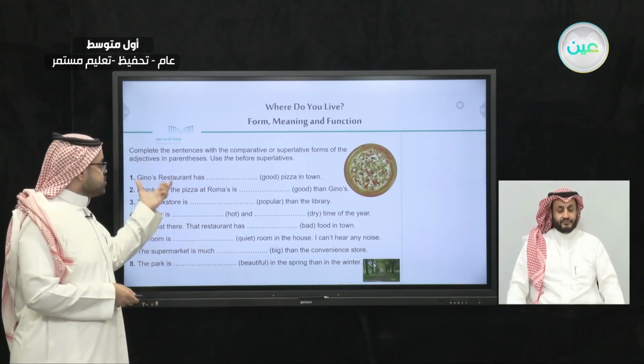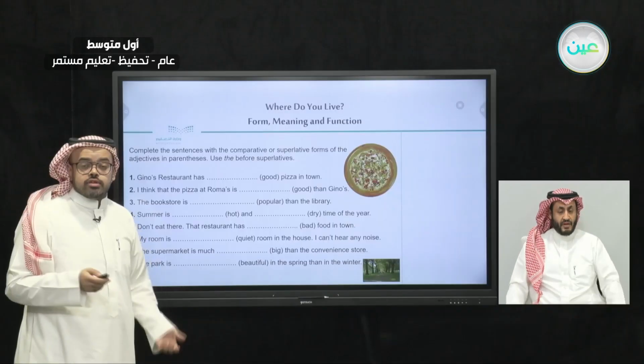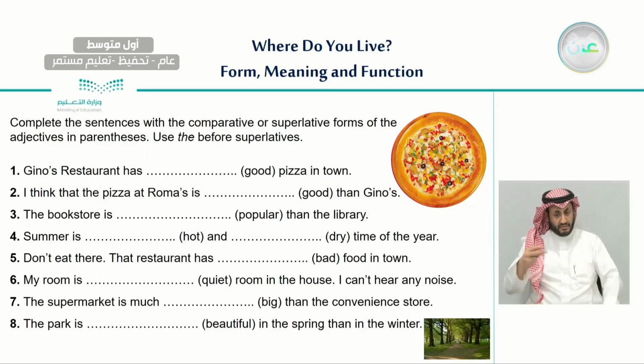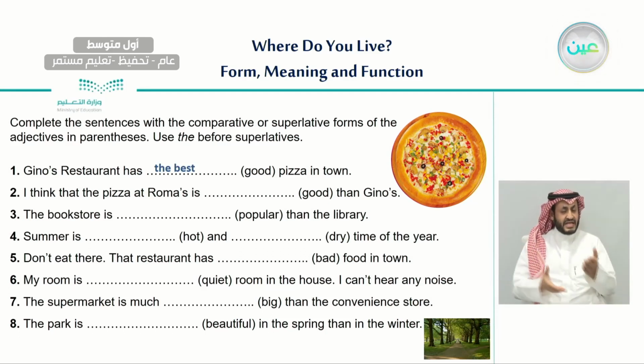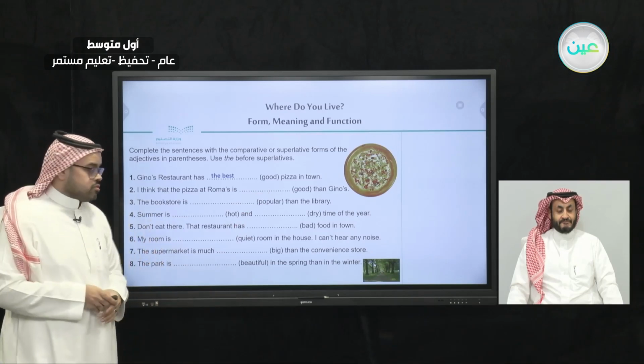It compares this restaurant with other pizza in the whole town. So it's not only between two restaurants. So here we would say, Gino's restaurant has the best pizza in town. Why? Because we're comparing the pizza restaurants all around the town and not only between two restaurants.